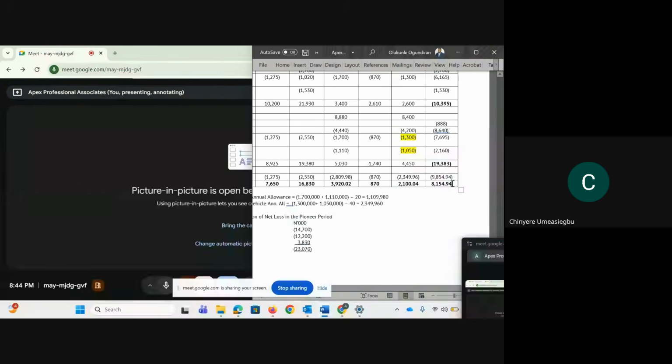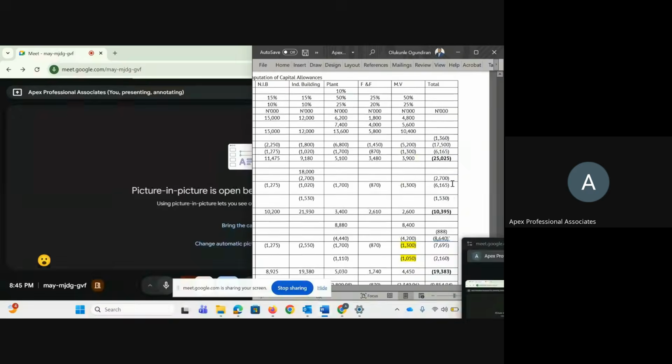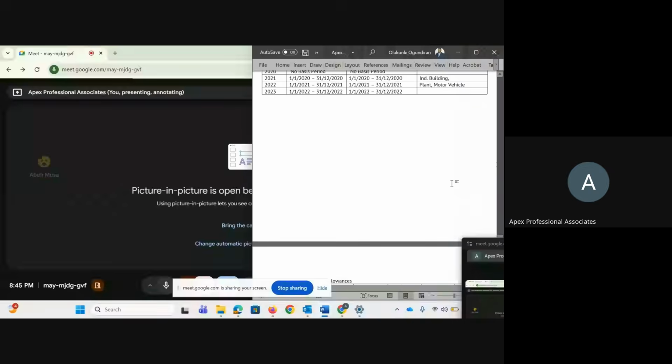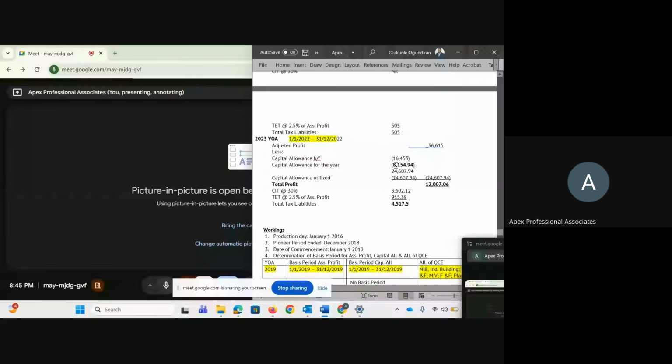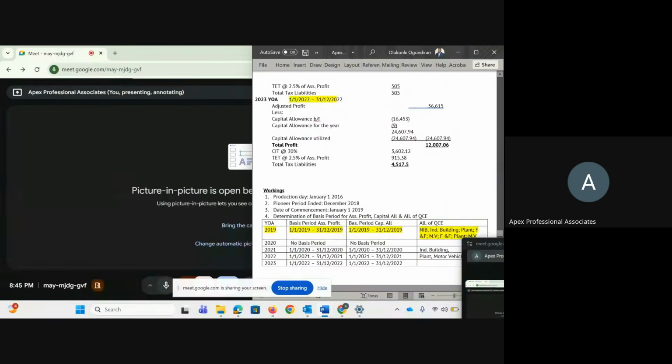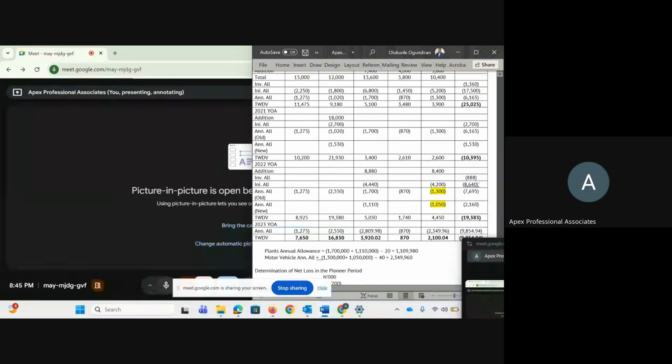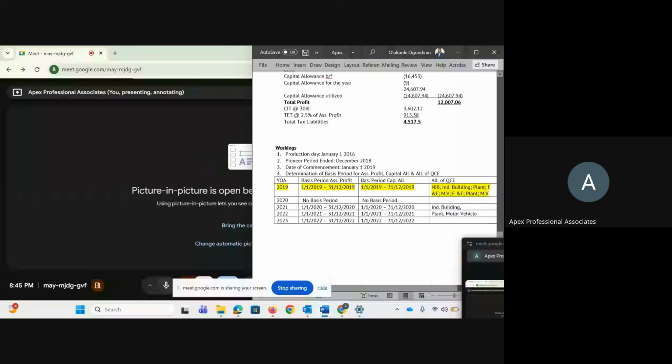So if you make this kind of mistake in the exam, you've lost like 5 marks. I'm serious. Hold on a minute. Let's trace this. I will show you how the 5 marks is coming from. So it means what you wrote here too is wrong. 9854.94.